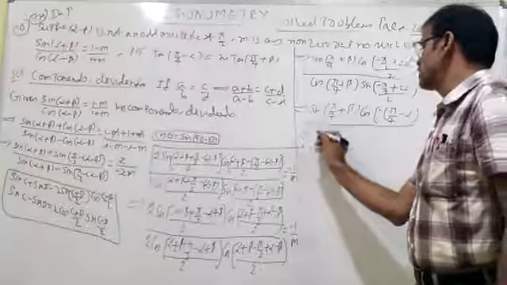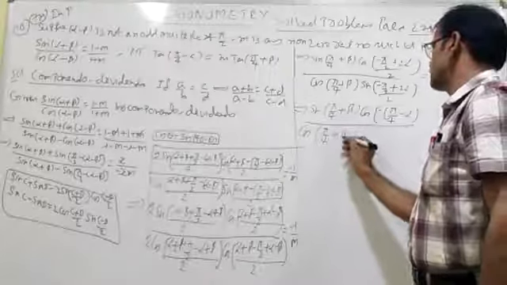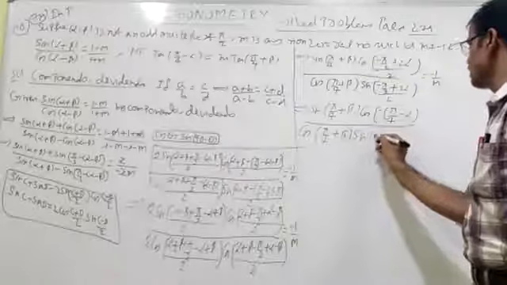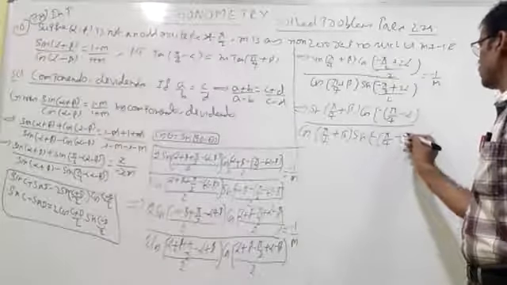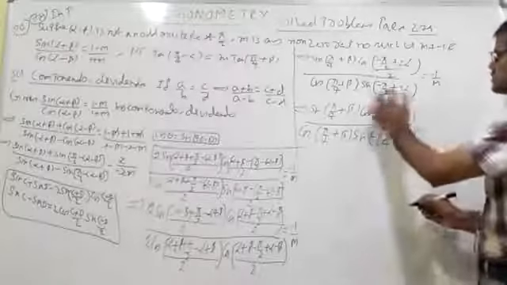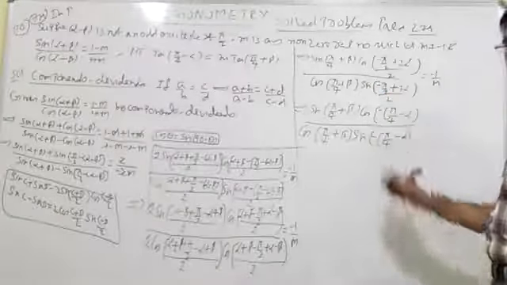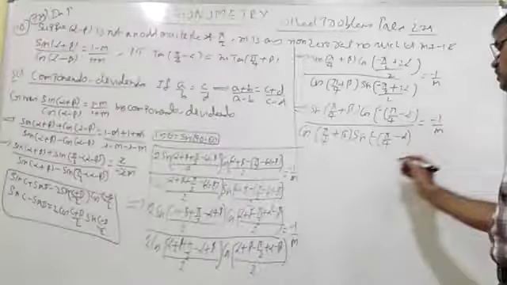And here, cos of pi by 4 plus beta into, here also you take minus common, within the brackets sine of pi by 4 minus alpha, because plus taken minus common becomes minus within the brackets, 2 alpha by 2 becomes only alpha, that is equal to minus 1 by m.